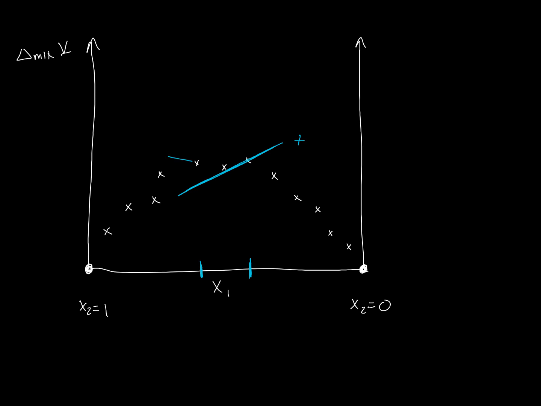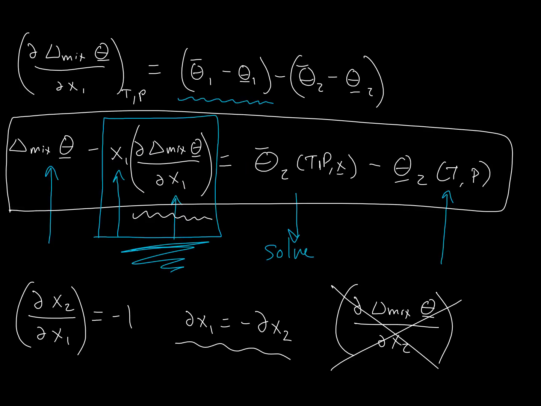If we were to evaluate the derivative there, it is negative. Likewise, if we were to look at this section here, we have effectively a discontinuity in our slope, which means that as we try and evaluate this derivative here, it's not going to be a very smooth function. It's going to jump from positive to negative to positive to negative. Right? So that partial molar property is going to go all over the map.